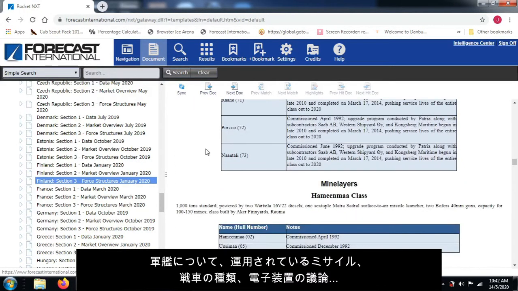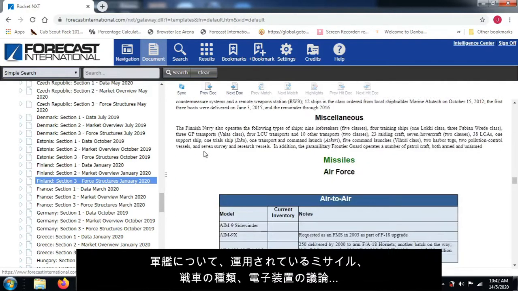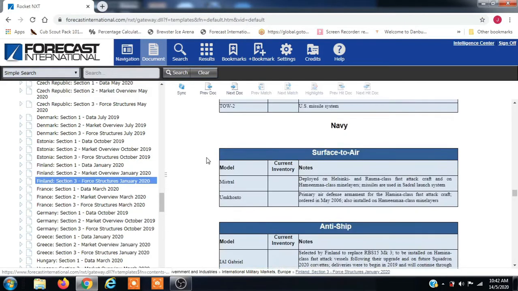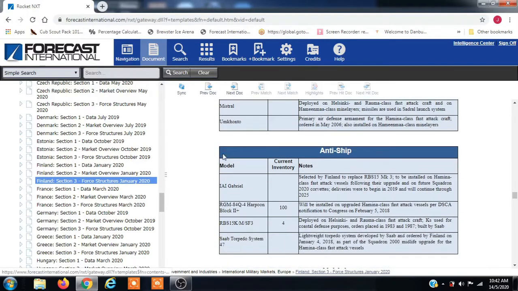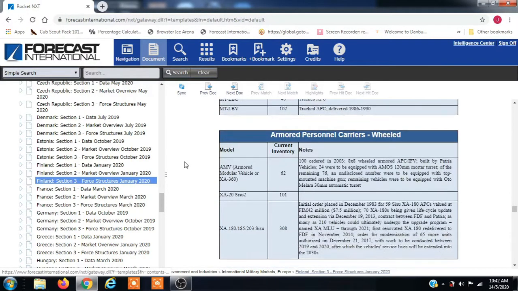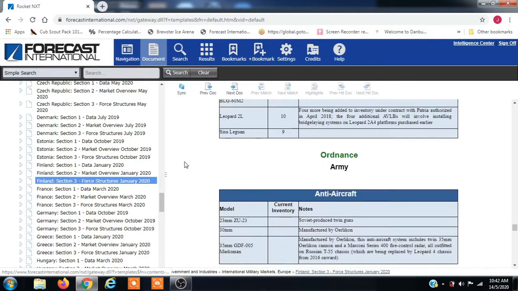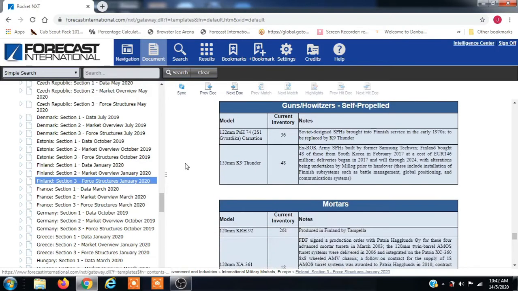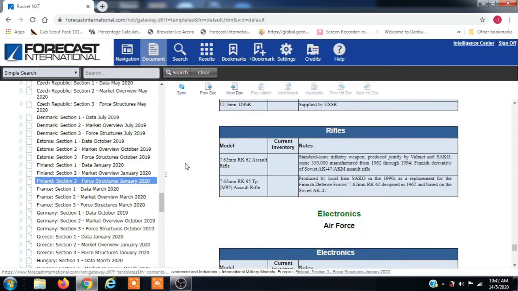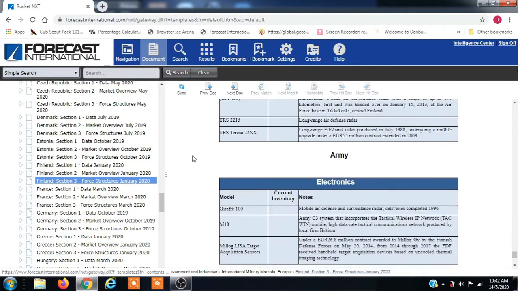Discussion of their warships, missiles that they operate, the types of tanks, and a discussion of their electronics.